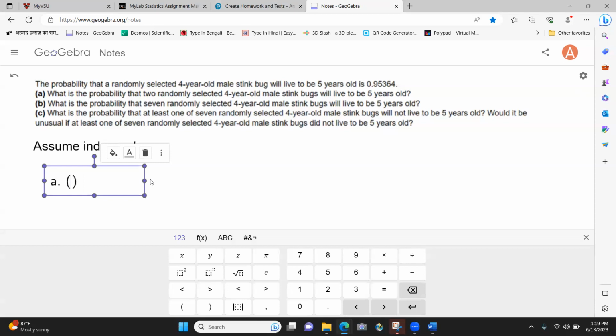You can write, if they're independent, 0.95364, and you have to square it because there are two bugs, and they're independent. And your calculator will tell you this is what?